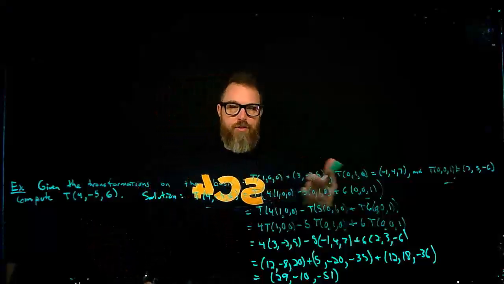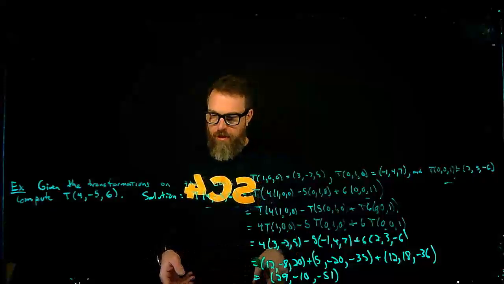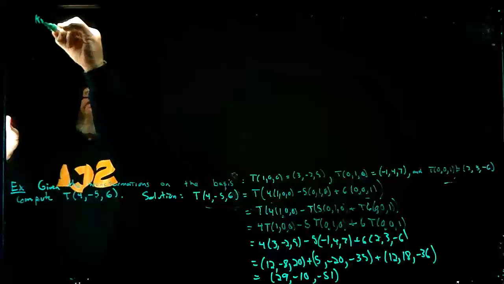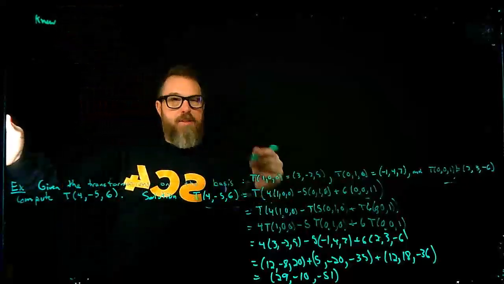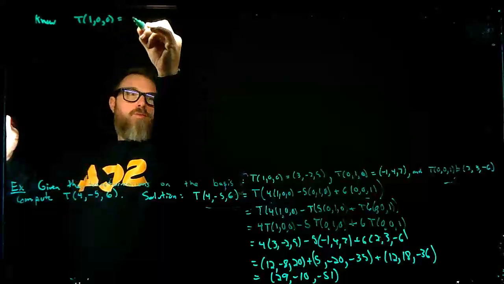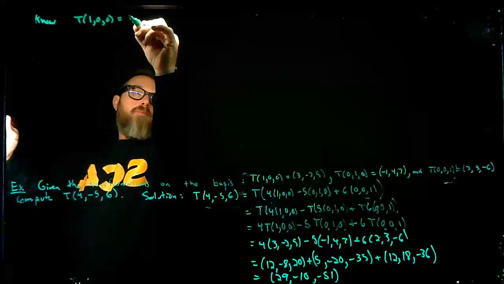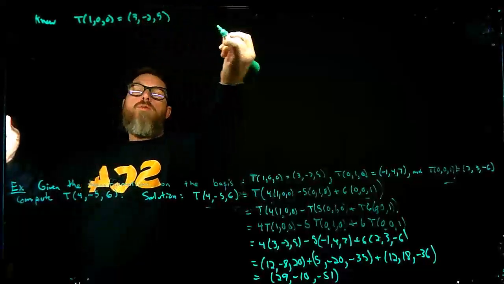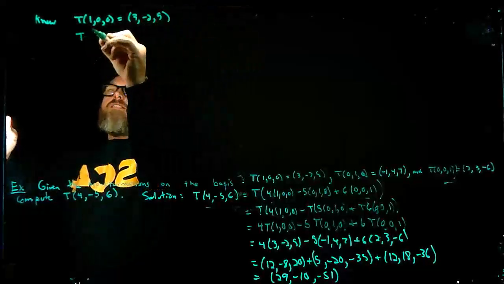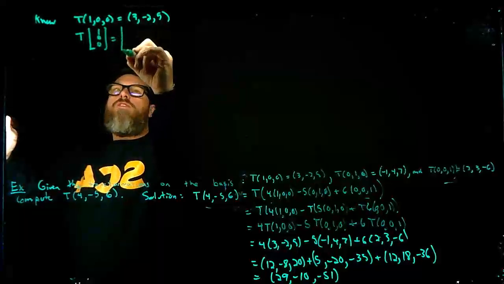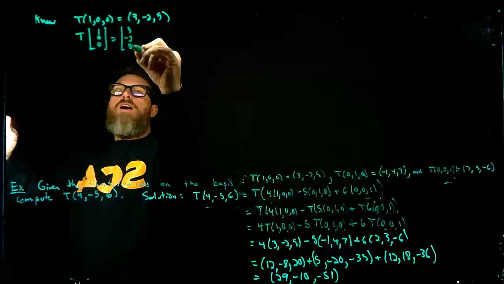down to the transformations on the bases. So what's known is that T of 1, 0, 0 is equal to 3, minus 2, 5. Another way to write that is I can say T of the matrix 1, 0, 0 is equal to the vertical matrix 3, minus 2, 5.